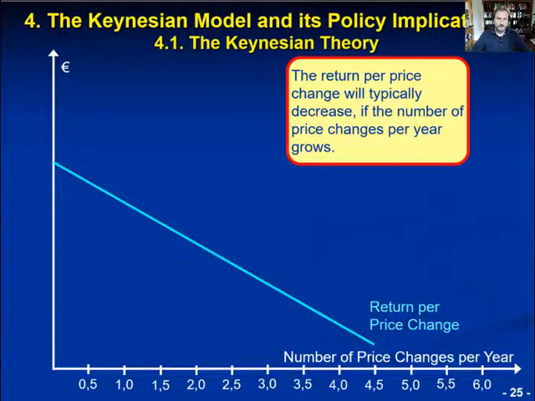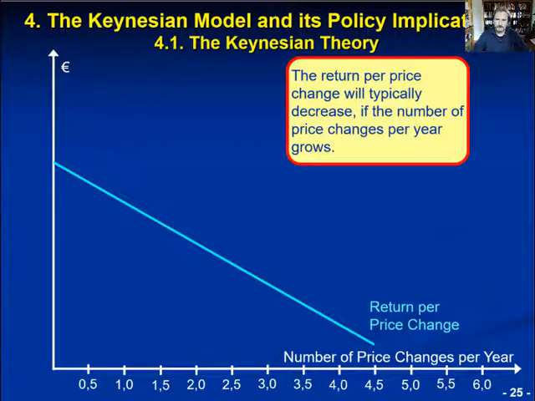The marginal return of a price change should, however, decrease as indicated by this curve, because the return per price change will typically decrease if the number of changes per year grows.